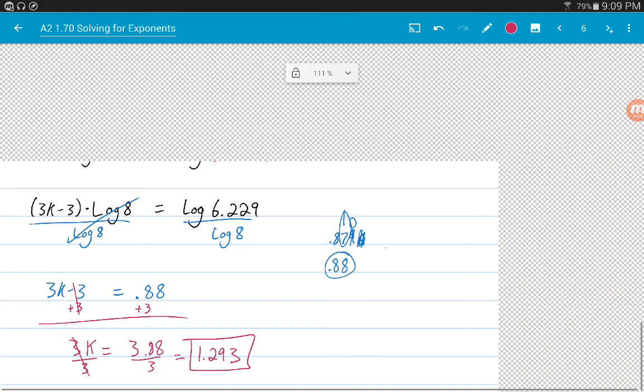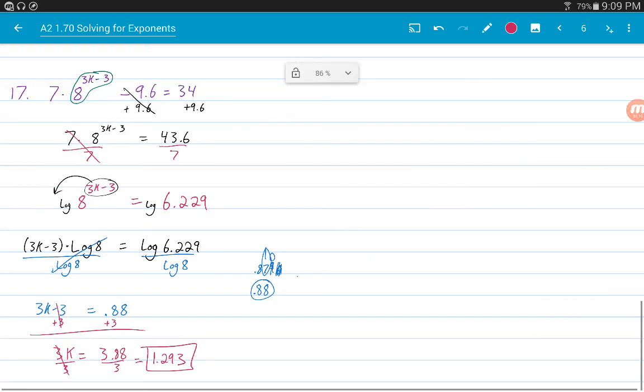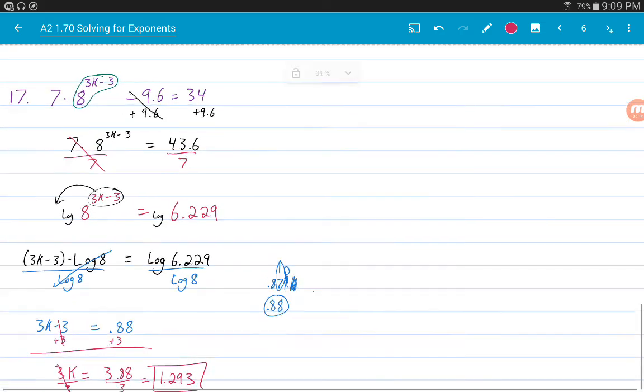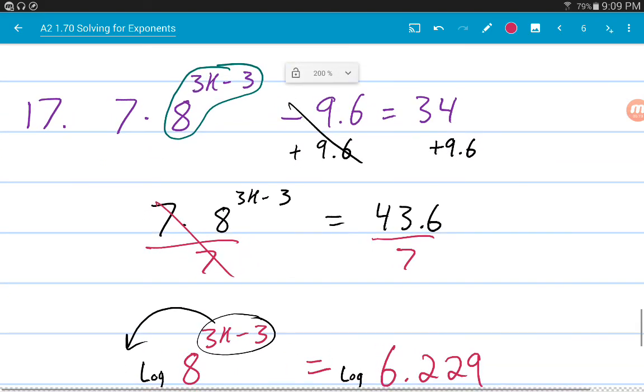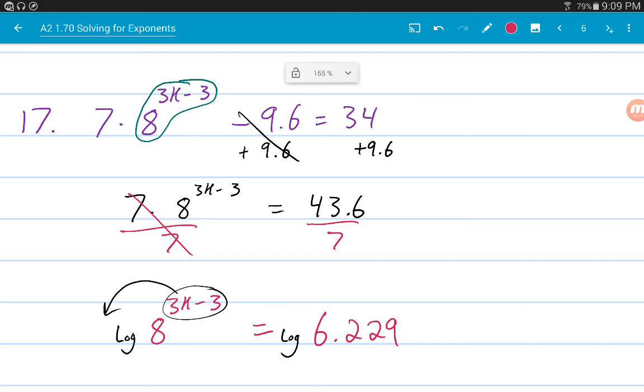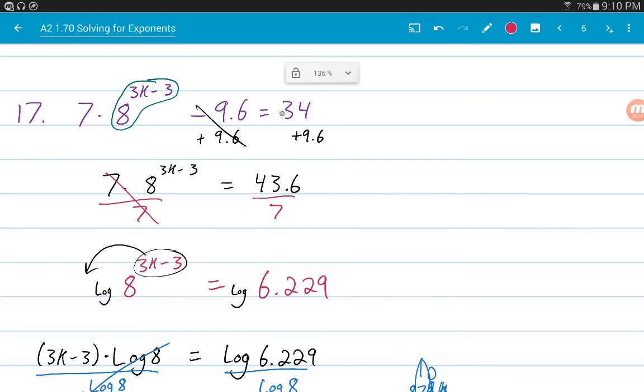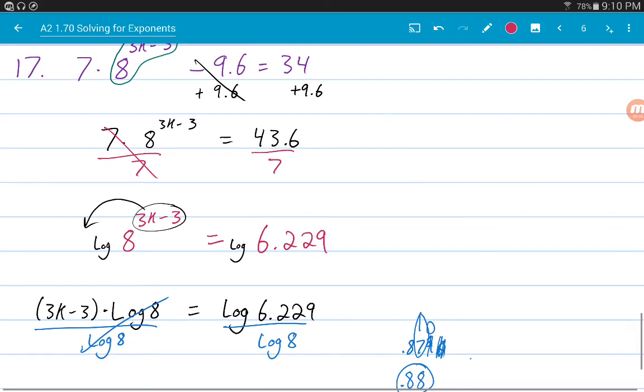Okay, so it's a lot of steps, but it's better to be prepared. This could come up with even more steps on a regent, so I would much prefer you be prepared with it now. So let's go over what we did. We identified what term was the exponential term, and we isolated it by getting rid of everything around it. So we added the 9.6 to both sides. We divided both sides by 7. Now it's by itself.